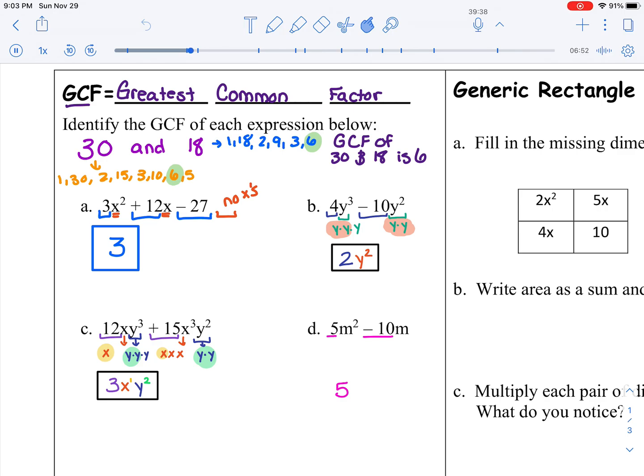If I look at m squared, that means m times m, versus the second term, which only has a single m, which tells me that there is 1 m in common between both of them. So my common factor would be m to the power of 1, which we could also just write as m if you prefer. So that makes my greatest common factor 5m to the first power.